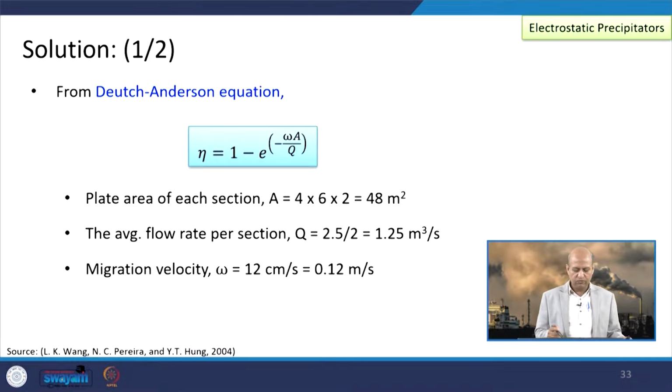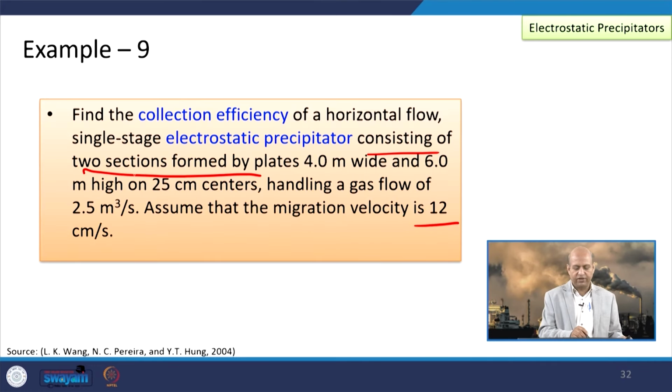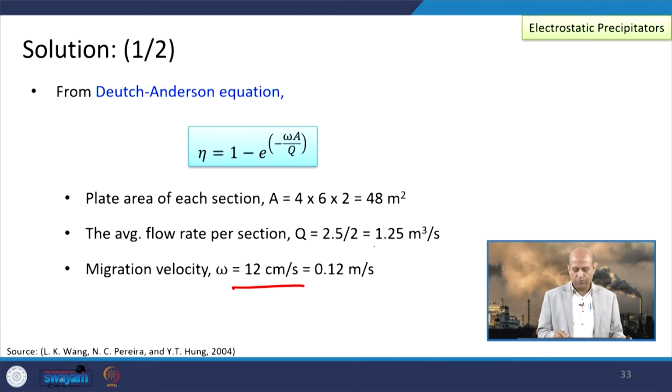So, we know these values, okay, 12 centimeter per second is the given value omega, and then A is 4 into 6 into 2 because those dimensions are given, and then Q we can calculate as flow rate per section, 2.5 by 2 because 2 sections are there. So, 2.5 by 2, that is 1.25 cubic meter per second in each section.